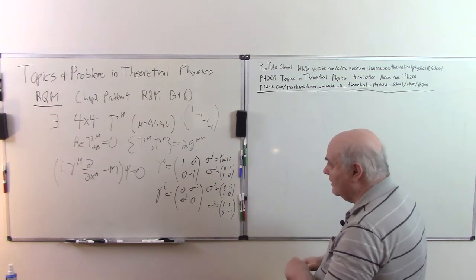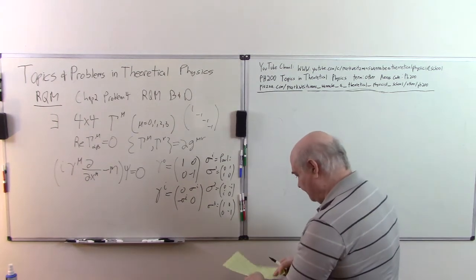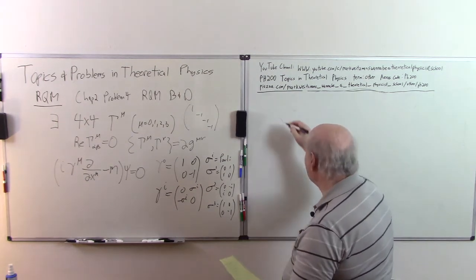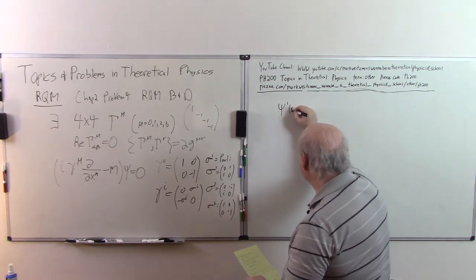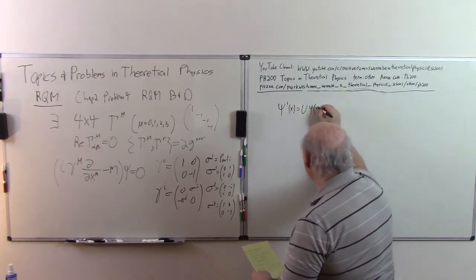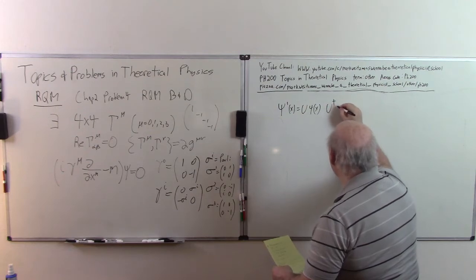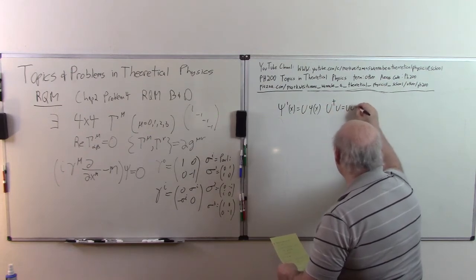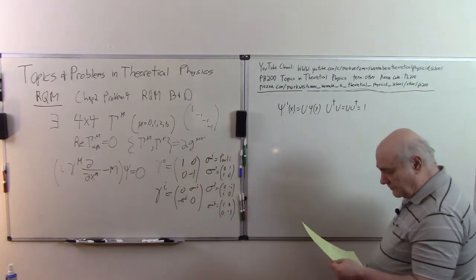First of all, let's just try a unitary transformation, like ψ'(x) equals U ψ(x), where U dagger U equals 1, so U is unitary.